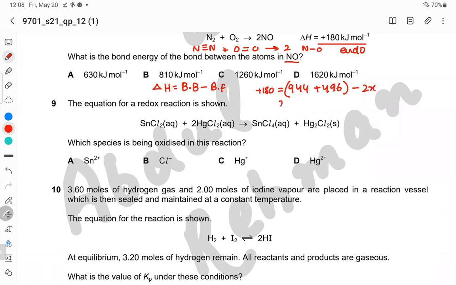So if we work for the value of x, it will be 944 plus 496 minus 180, divided by 2. So can you solve it and tell me the answer?